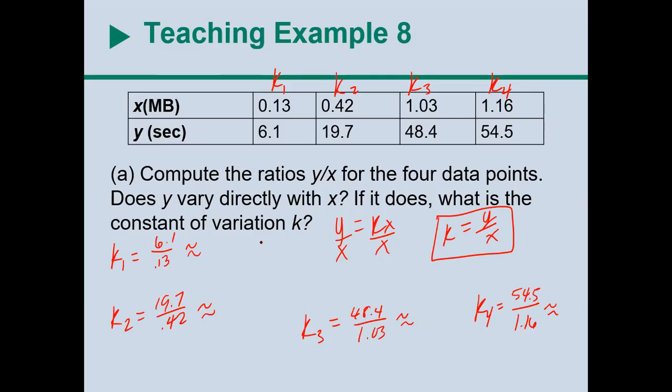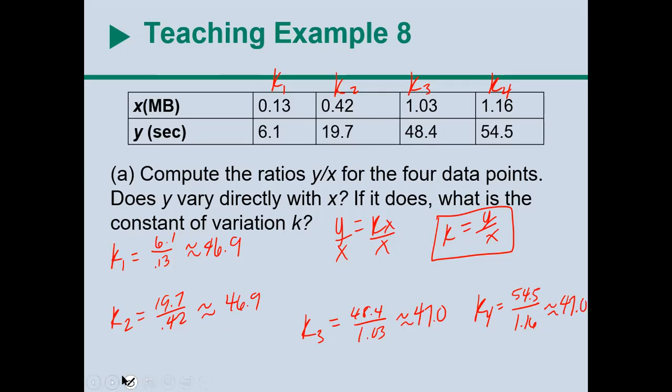And I know that it varies directly if the k values all are similar or round to a similar amount. So if I put 6 and 1/10, I'm going to get about 46 and 9/10. I plug in this, I get about 46 and 9/10. I get 47, and I get 47.